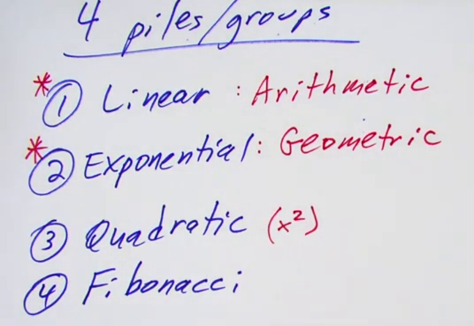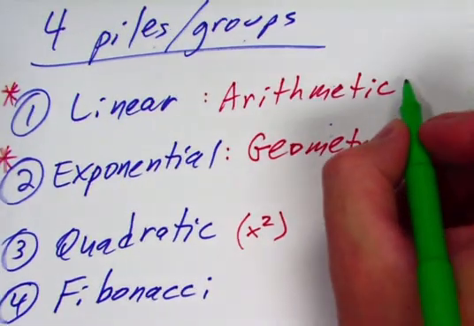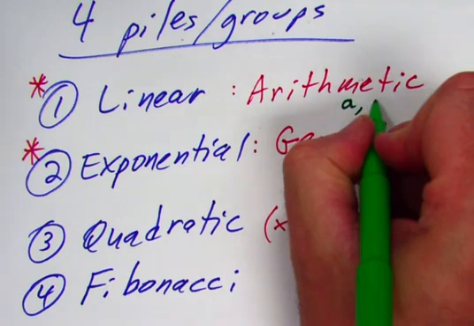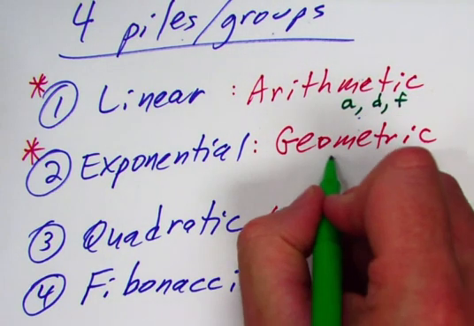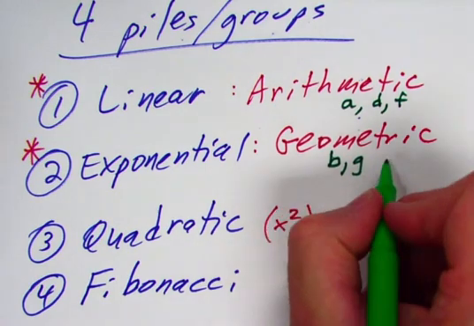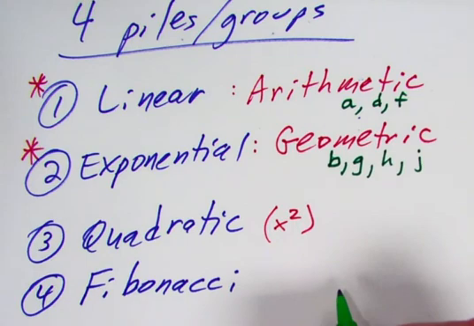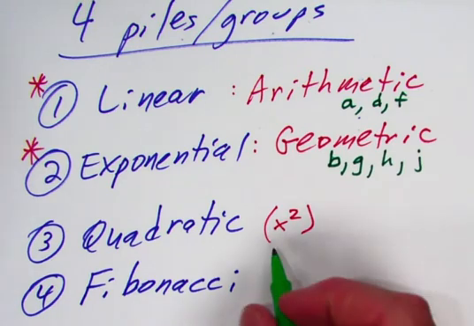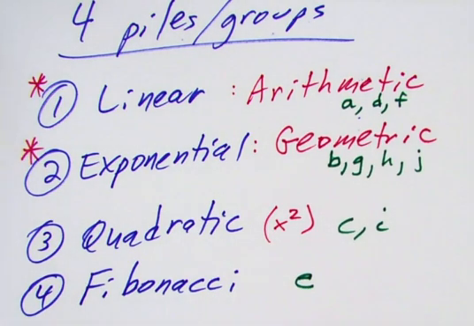Now here are the letters of the sequences. In this pile, you should have had 3 of them: letter A, letter D, and sequence letter F. And in this one, you should have had 4 of them: B, G, H, and J. The quadratics were C and I, and E was that misfit, the Fibonacci.